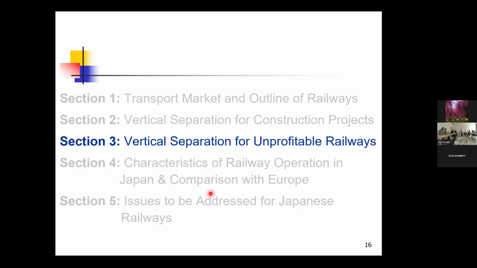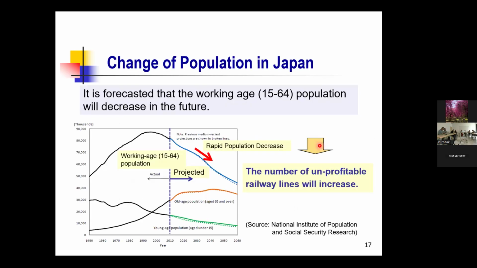In section 3, I will explain vertical separation, that is financial support for unprofitable railways. This slide shows the change of population in Japan. It is forecasted that the population, especially the working age, which has close relationship with the number of passengers, will decrease in the future.